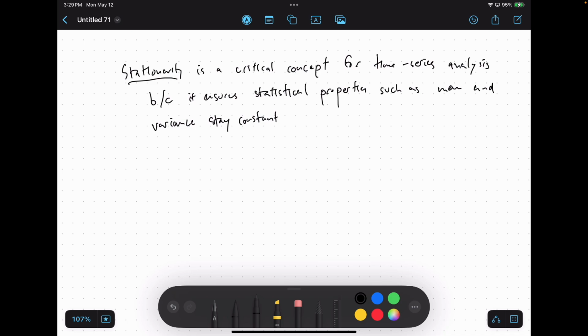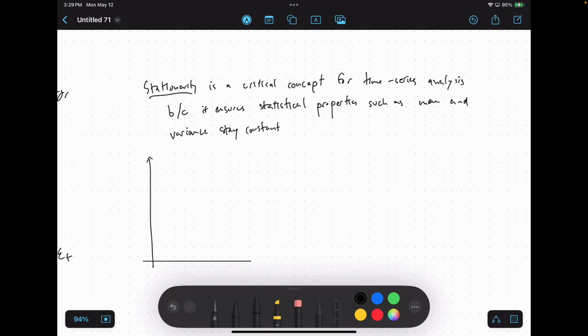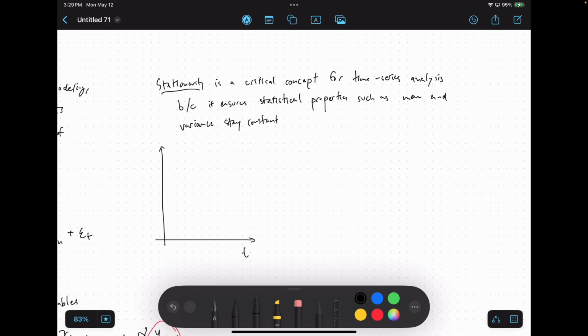Okay, so I'll give an example of this. If you have something like time and stock prices, maybe you have a plot that looks like this, and you have this upwards trend.